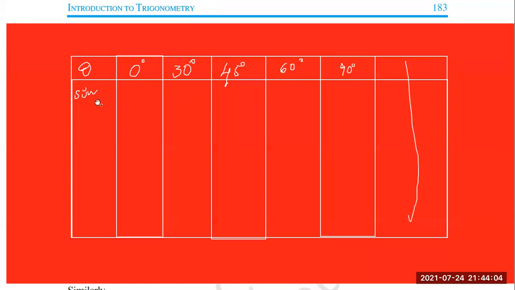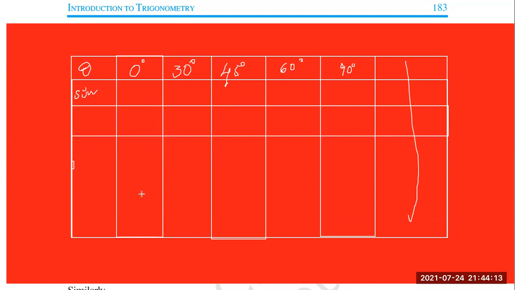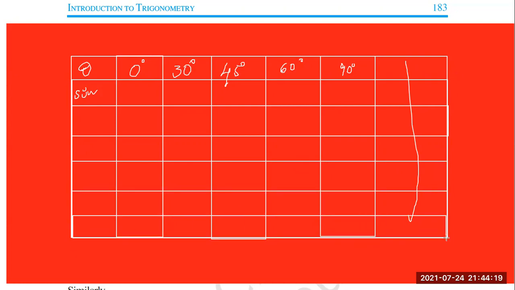Okay, then draw here another ratios boxes for the other ratios. 1, 2, 3, 4, and 5, 6. 6 rows for the 6 ratios.